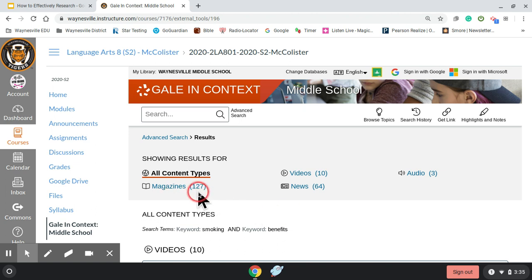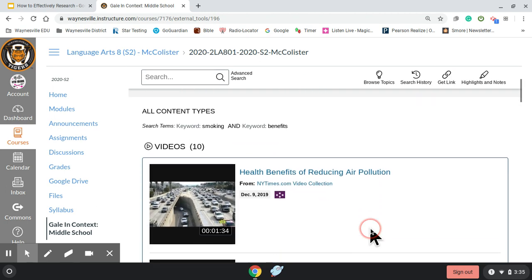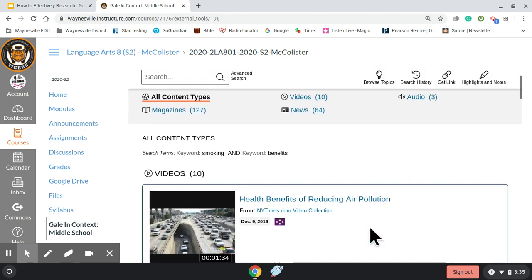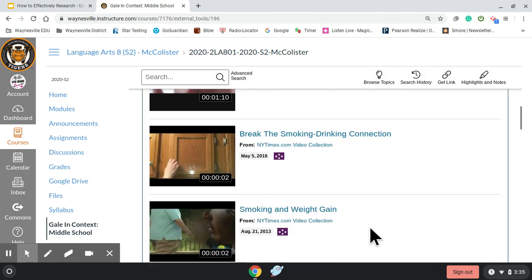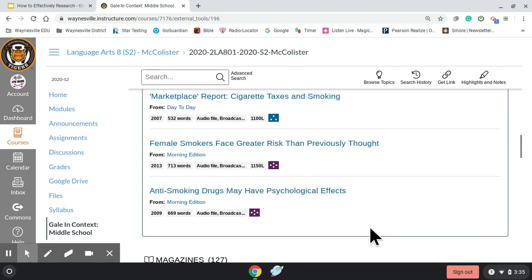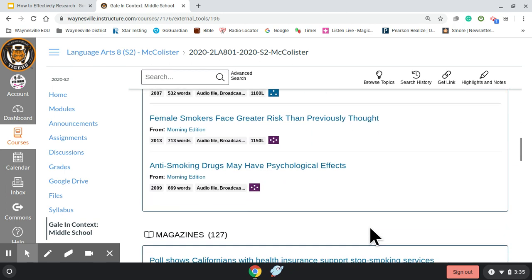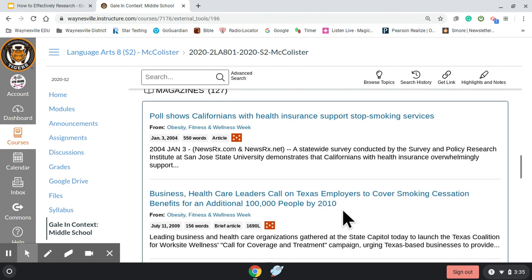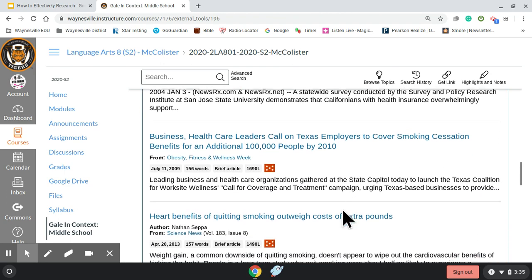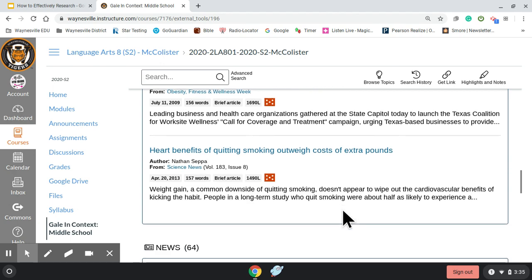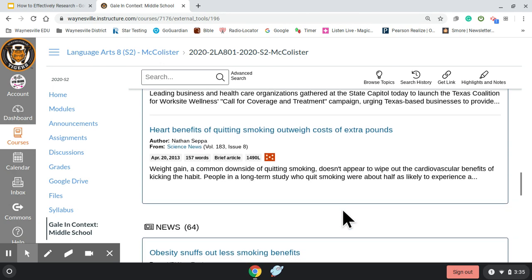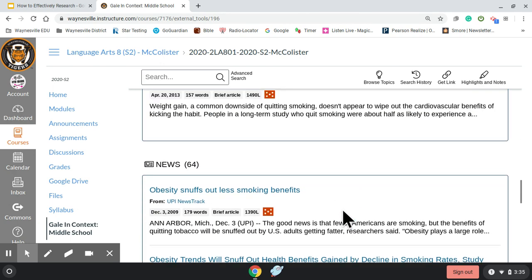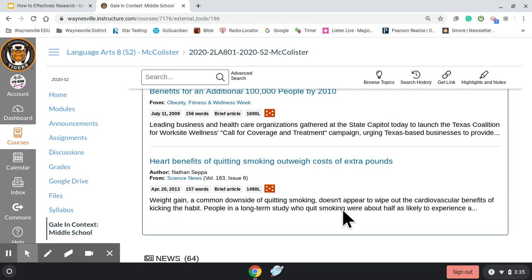So you see how the magazine results dropped drastically, 127. So that means the sources that we find will mention smoking and benefits of smoking. Okay, so we say smoking should be outlawed.